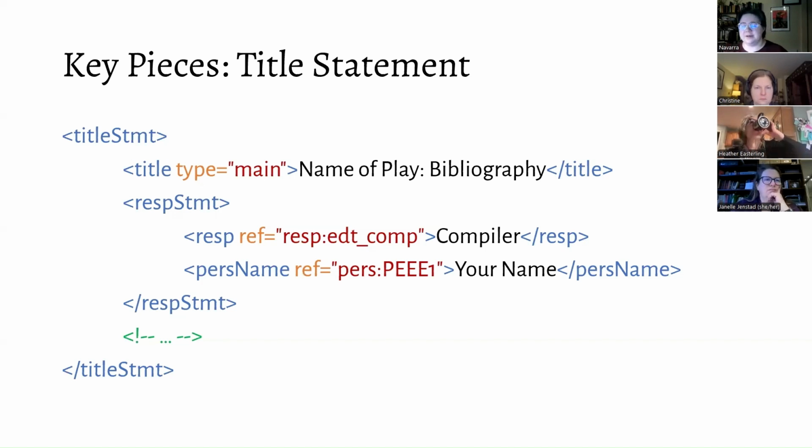The first RESP statement is going to be for you, almost certainly, and you get a credit as compiler of the bibliography. So inside your RESP statement, there's going to be a RESP element, has ref equals RESP:EDT_comp. And that's what we use to say this is the compiler of a bibliography. In that text node, you'll say compiler.